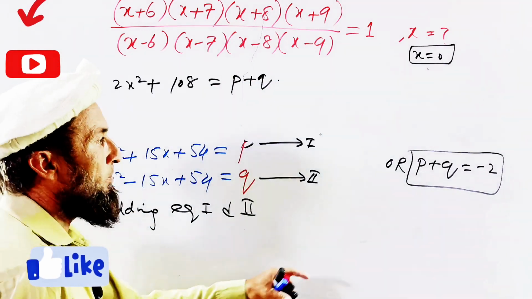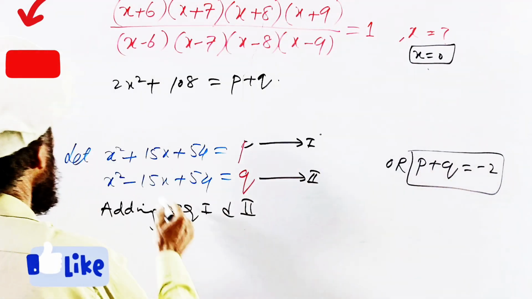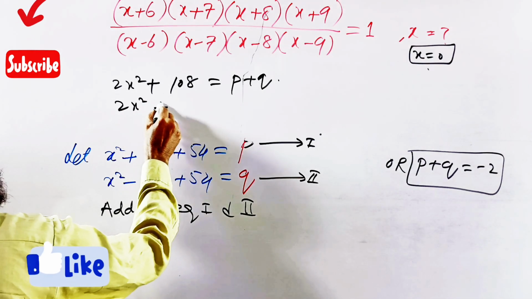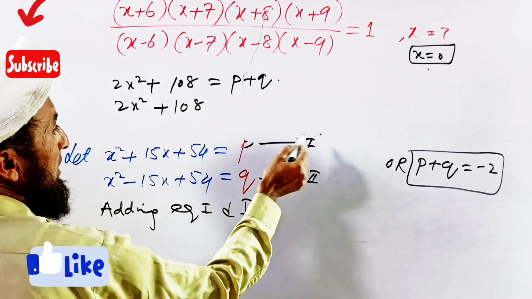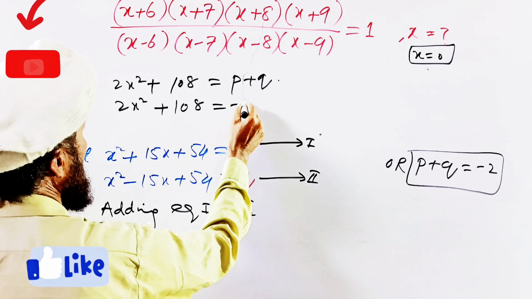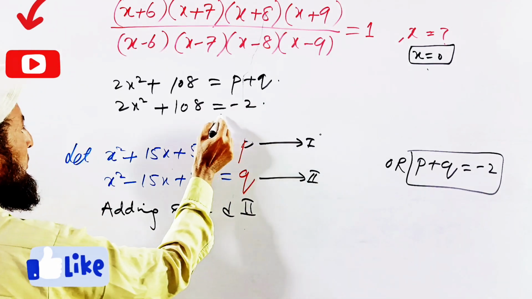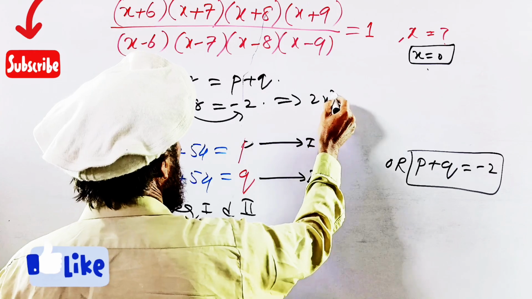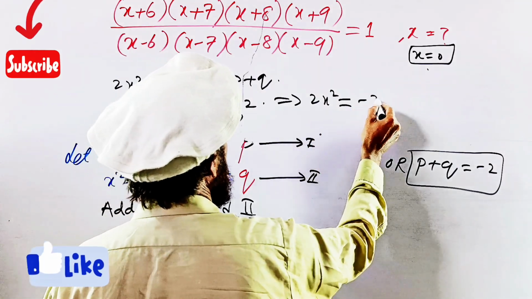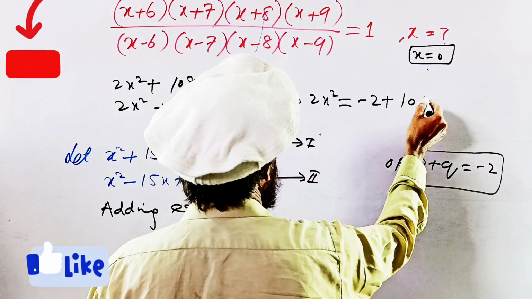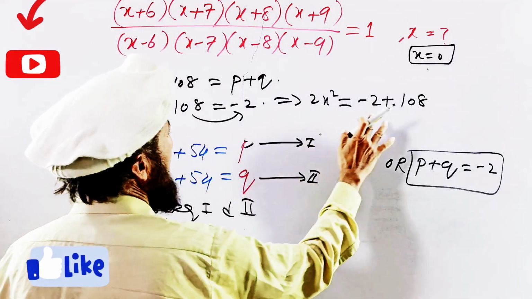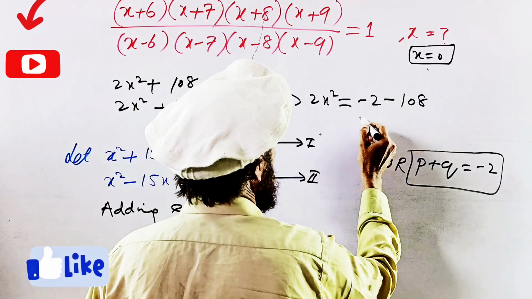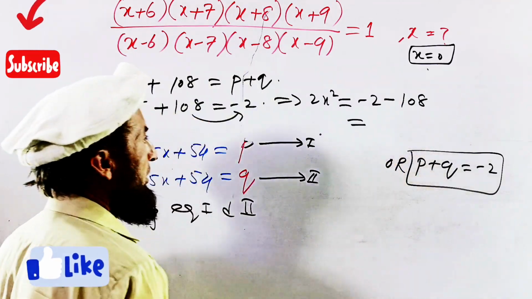In the place of p plus q, we put minus 2. 2x square plus 108 is equal to minus 2. Changing the sign, 2x square is equal to minus 2 minus 108.